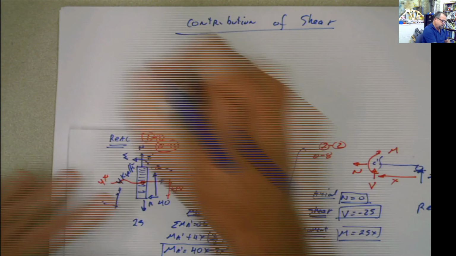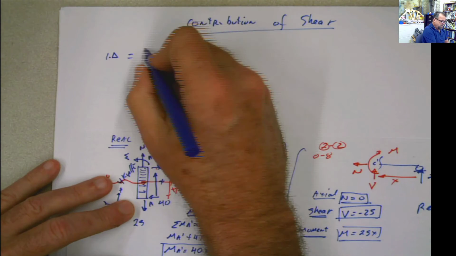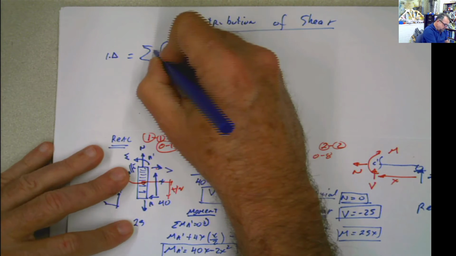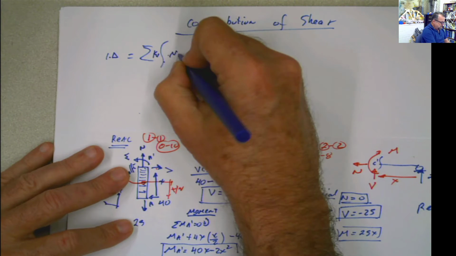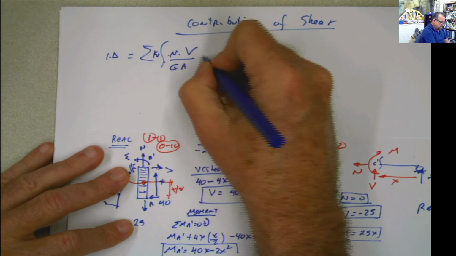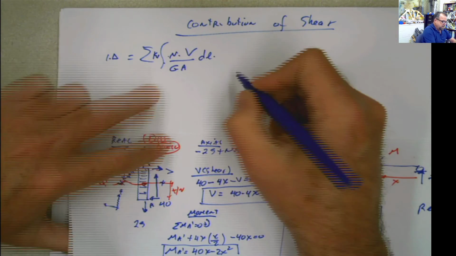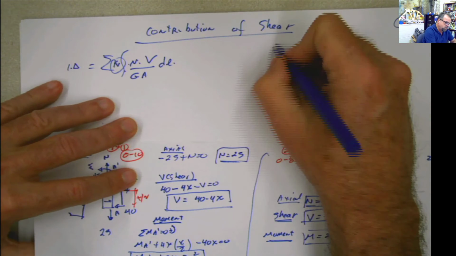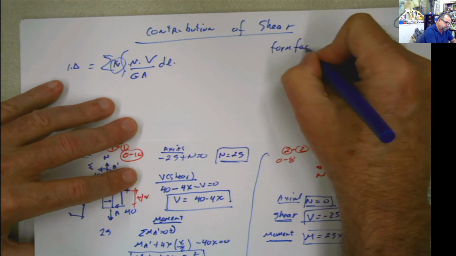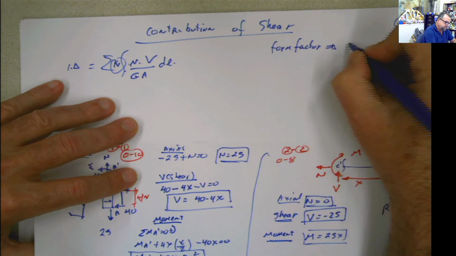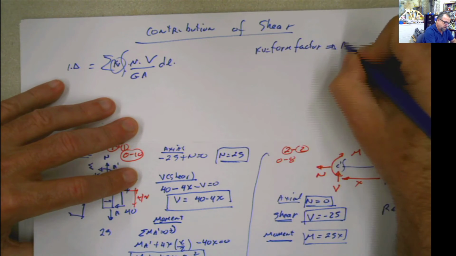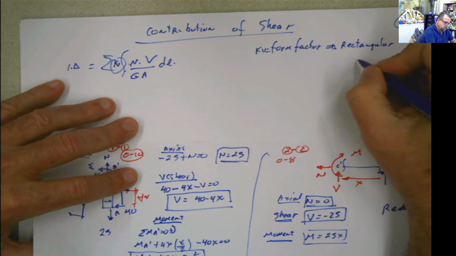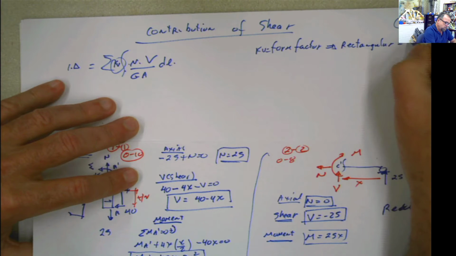Now, once again, the displacement due to the shear is going to be the summation of all the integrals of kV times V divided by GA times the L. And this k, remember, it was a form factor, which for rectangular sections was 1.2.